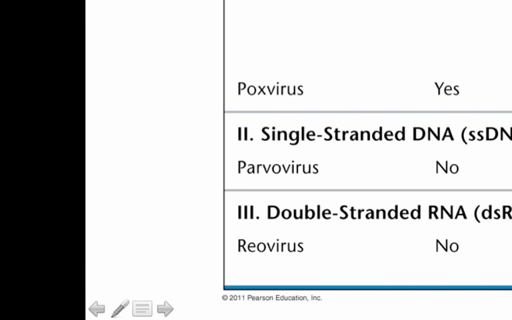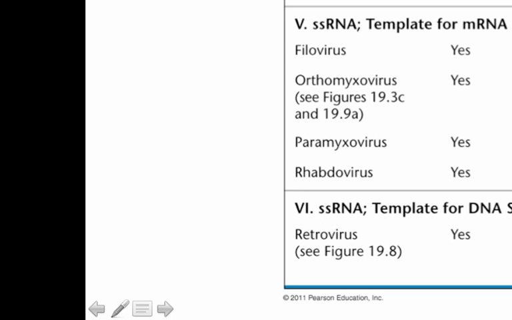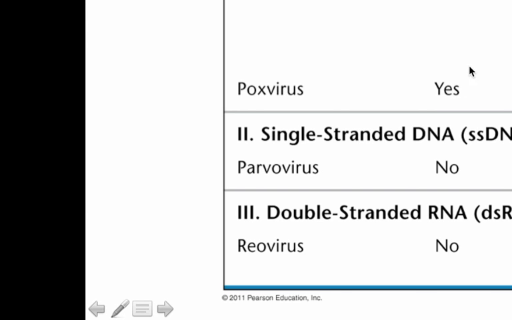So we classified them by double-stranded DNA, single-stranded DNA, double-stranded RNA, single-stranded RNA, and then some that are using single-stranded RNA for RNA synthesis, and single-stranded RNA for DNA synthesis, and this one's the mRNA. So all these are single-stranded RNA, but they use the RNA in different ways to replicate inside a host cell. And then you can see here envelopes versus no envelopes.